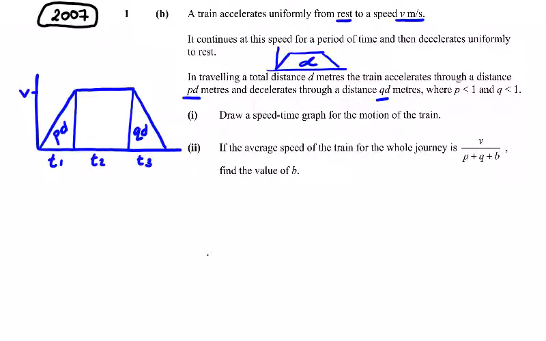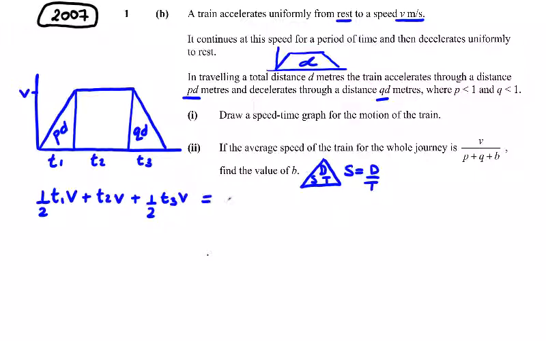And we're given average speeds, and we know the average speed from our distance speed time triangle. Average speed, S for average speed, distance over time. So we're going to need to look at time here. So why don't we start with the area of these shapes? Half the base by the height, half t1 by v plus t2 by v plus half t3 by v.